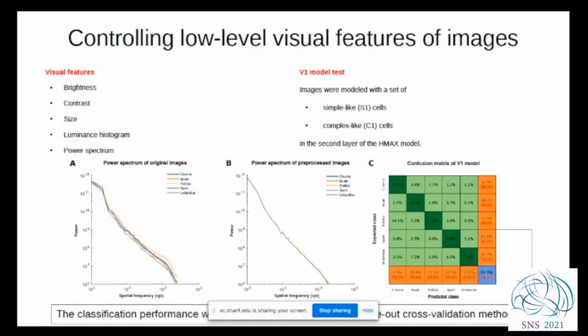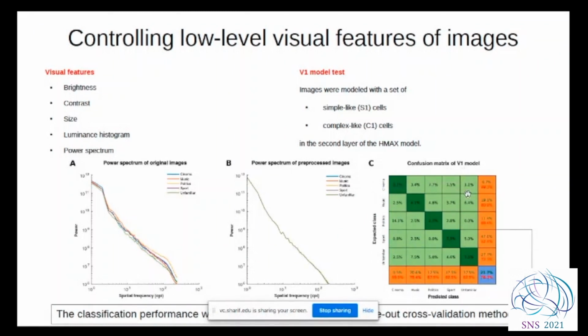And once we matched our stimuli, when we gave them to a V1 model and asked the model to classify the face images into 5 groups, the performance of the V1 model was basically at the chance level.